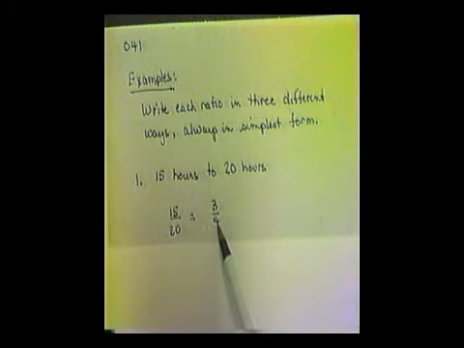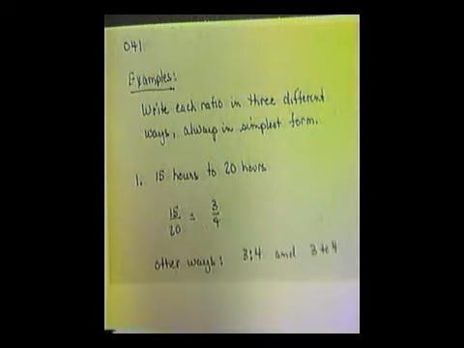And then we're going to reduce it to lowest terms. Notice that 5 divides both 15 and 20, and it reduces to 3/4. This is the fractional form for the ratio. The other 2 forms would be using the colon, and then written in words, 3 to 4.